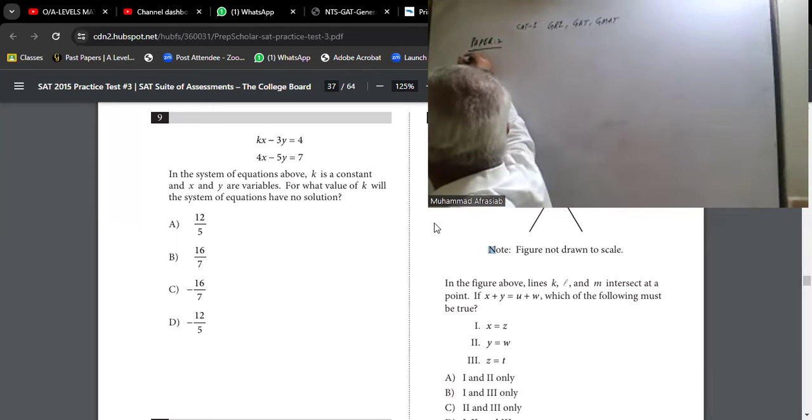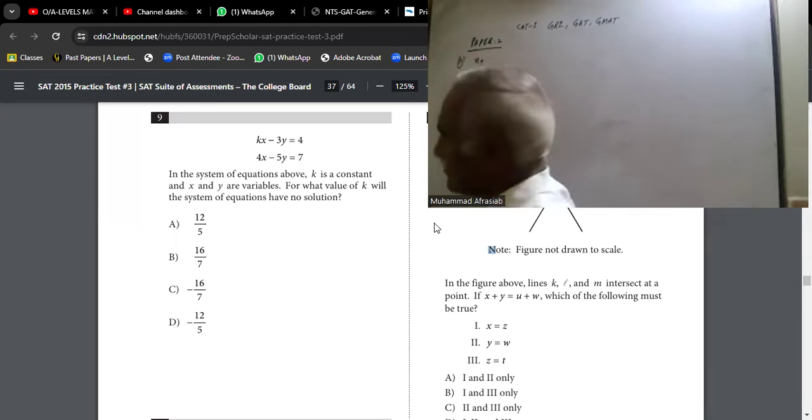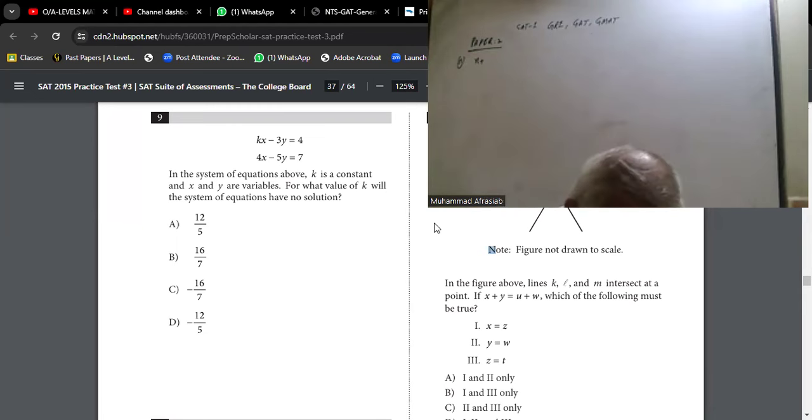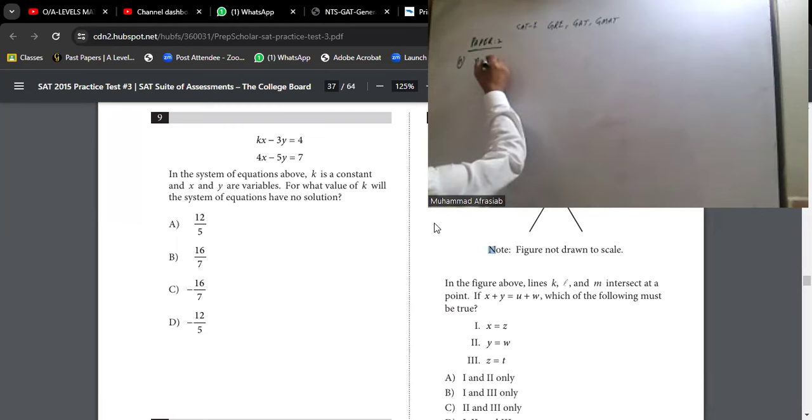Question number 11. X plus y is equal to u plus w.